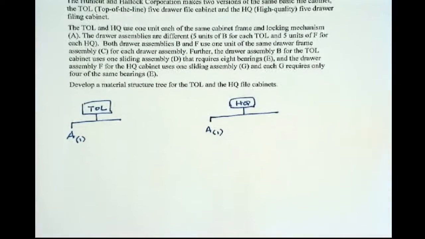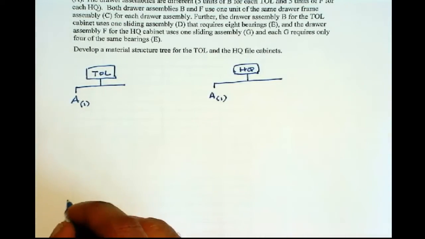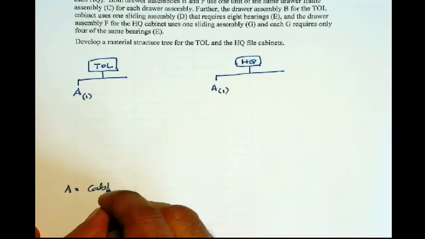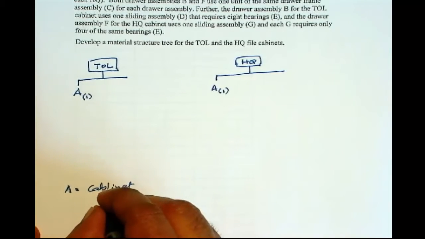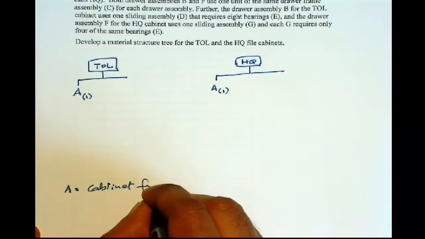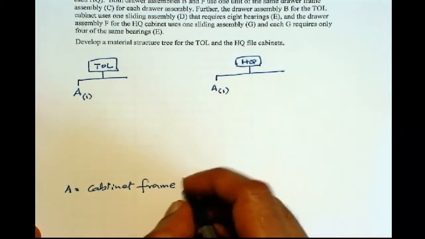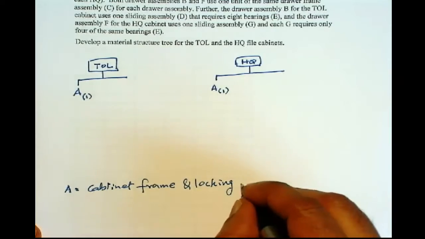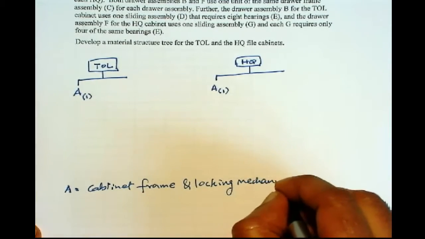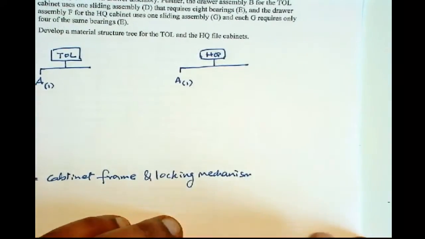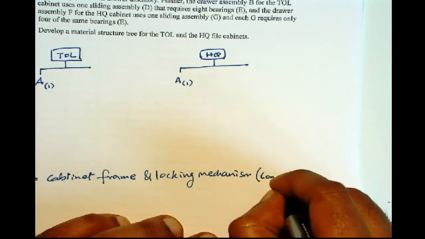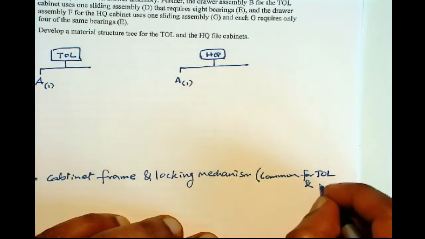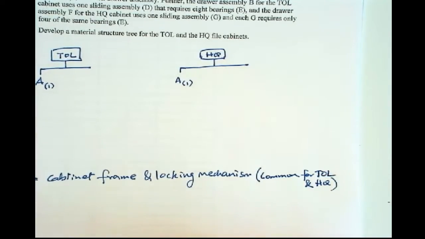Okay. So A here is the cabinet frame and locking mechanism, and it is common for TOL and HQ.